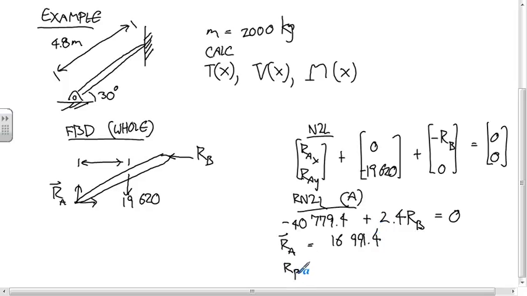And RB is equal to, RAY, I didn't write, is positive 19,620. That's RA. RB is positive 16,991.4.